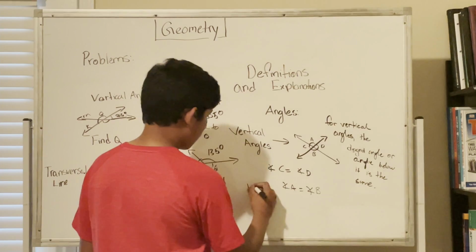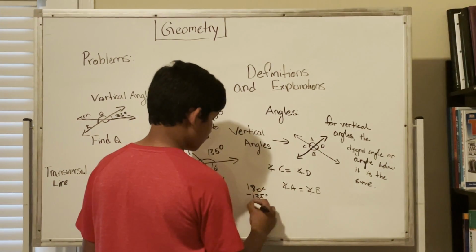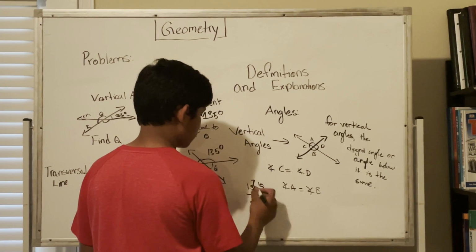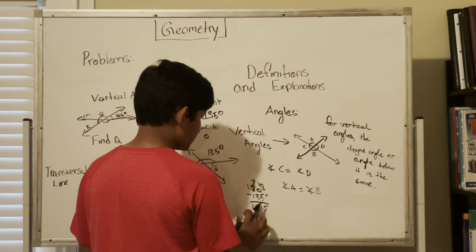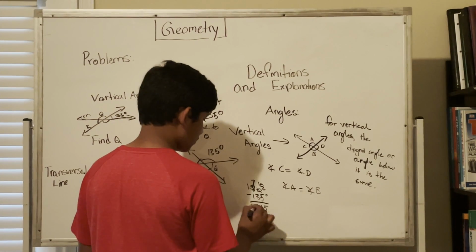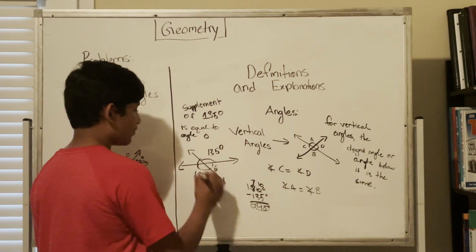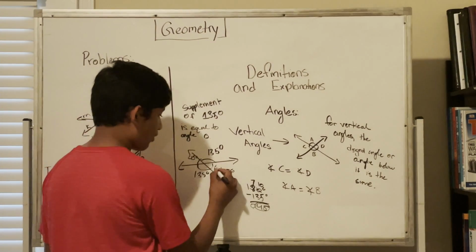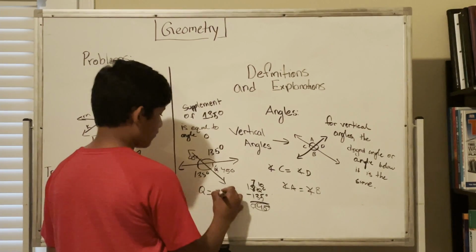Well, it's essentially just 45 degrees. So 45 degrees and 45 degrees. Therefore, Q is equal to 45 degrees.